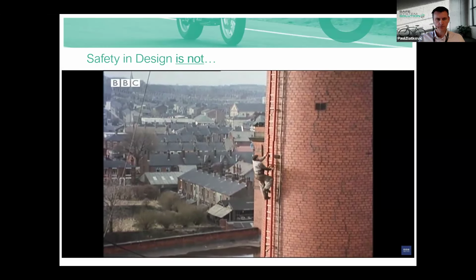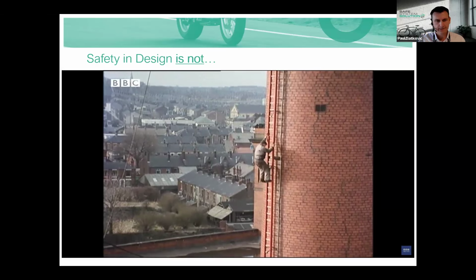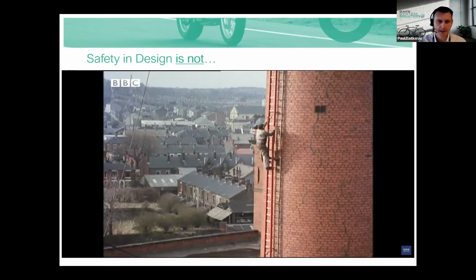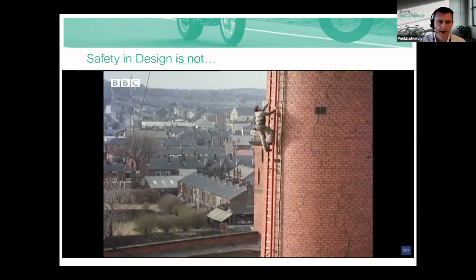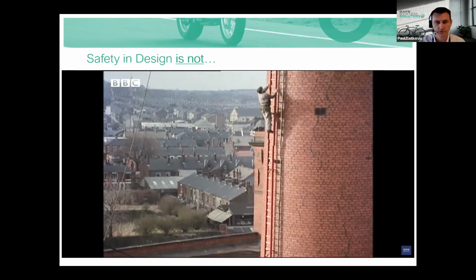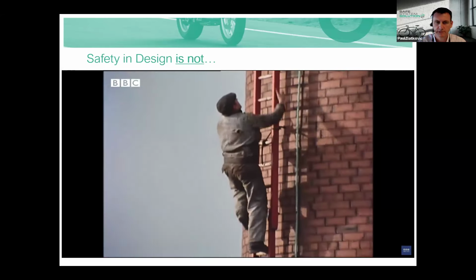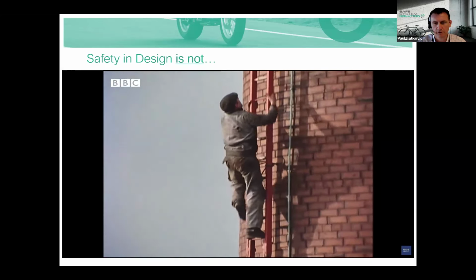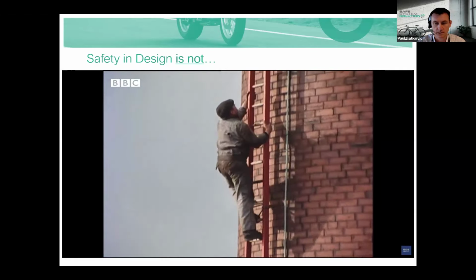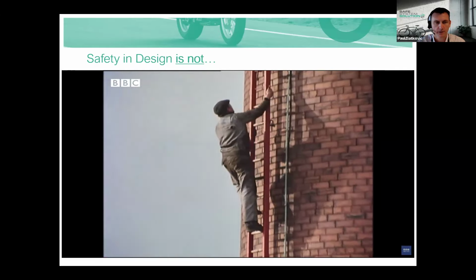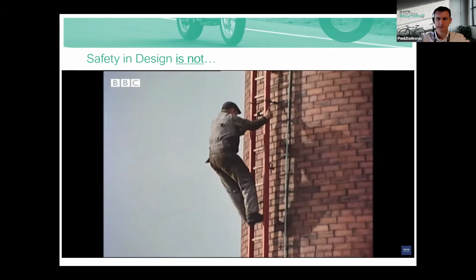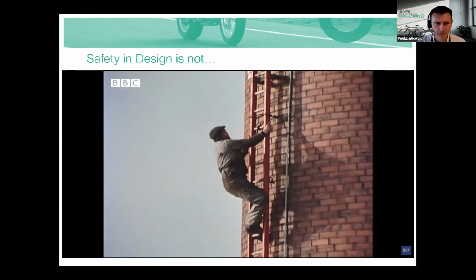And this fellow who's climbing this ladder up a chimney has been engaged or contracted to demolish the chimney. So this is a good example of safety and design not having been front of mind when the structure was designed. I'll give them a pass though, because I'm guessing it was the early 1900s when this was designed.